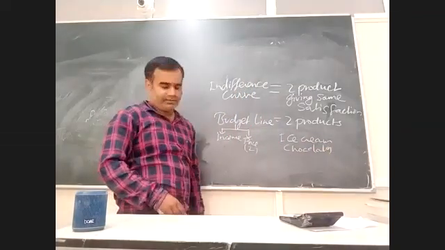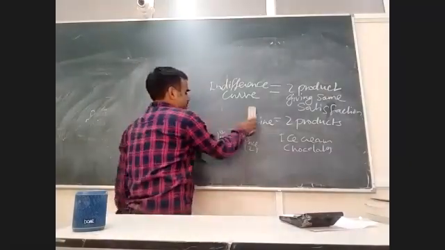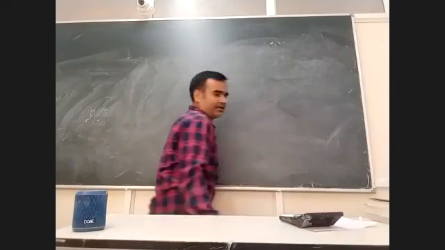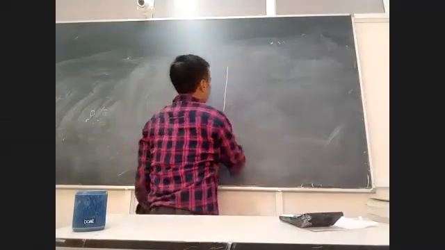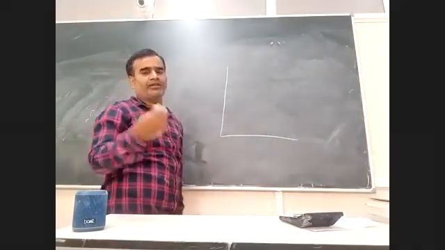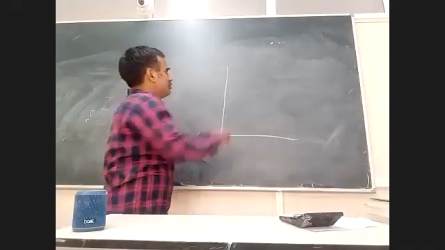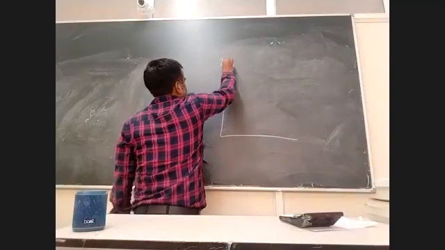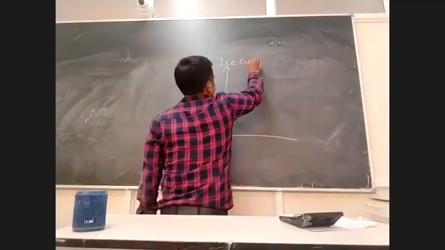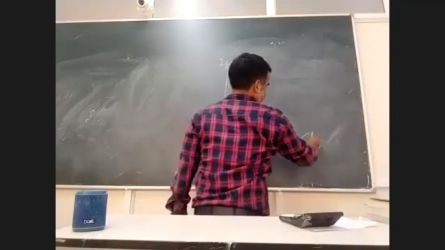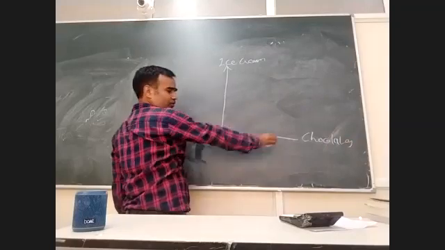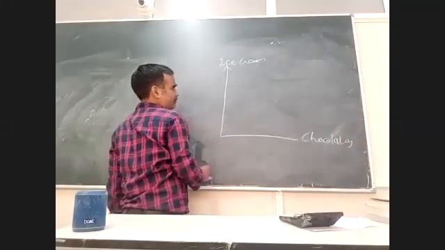If you remember, in the budget set I gave the example of pen and pencil. The pen was 10 rupees and the pencil was 5 rupees. I showed the quantity of the product on one side, and on the other side the other product. Both sides I was showing quantity.